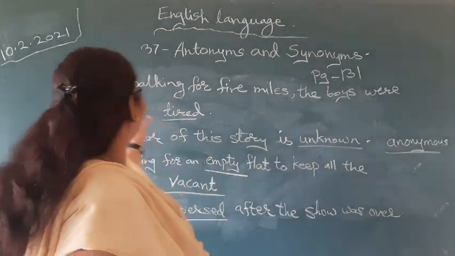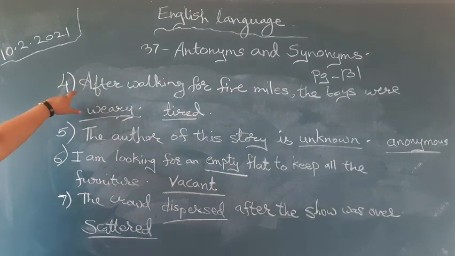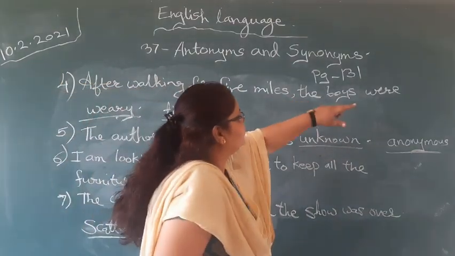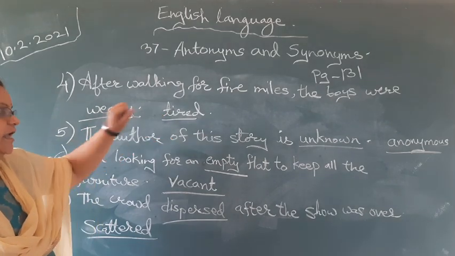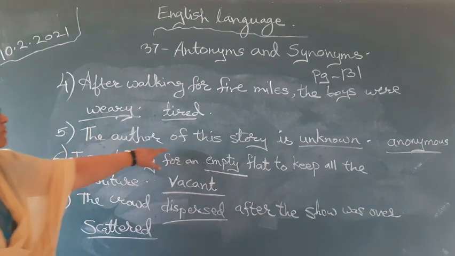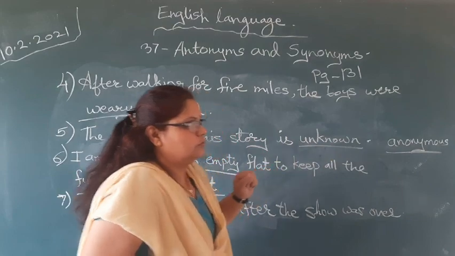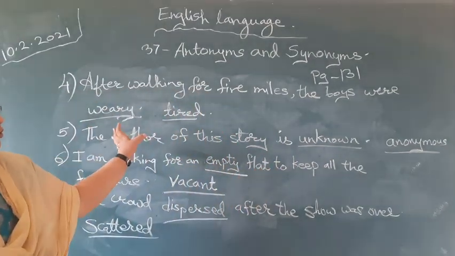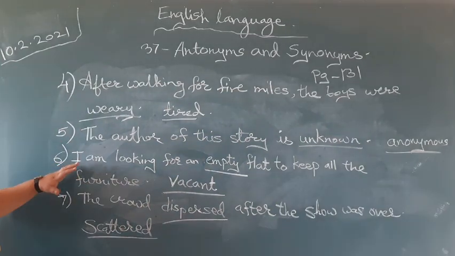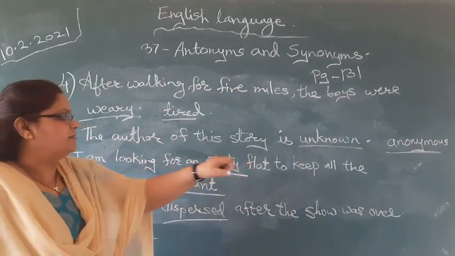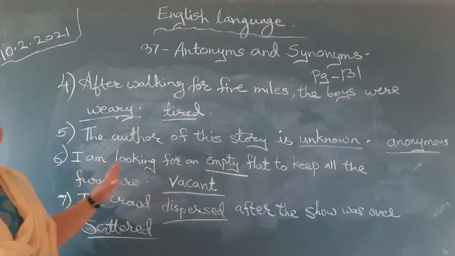Okay. So just see the sentence. After walking for 5 miles, the boys were weary. So the similar word for weary is tired. The author of the story is unknown. So unknown means not known to anybody. So the word for anonymous. 6. I am looking for an empty flat to keep all the furniture vacant.